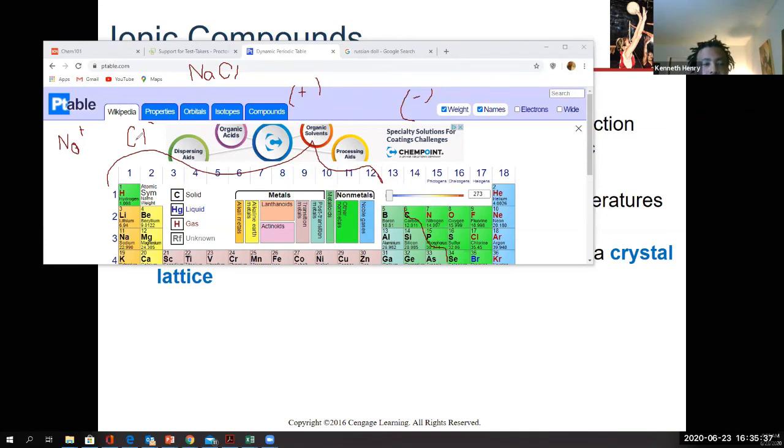And so when you have a positive and a negative, they're going to come together to form our ionic compound. So what is NaCl? Sodium chloride. What do we know it as? Salt.